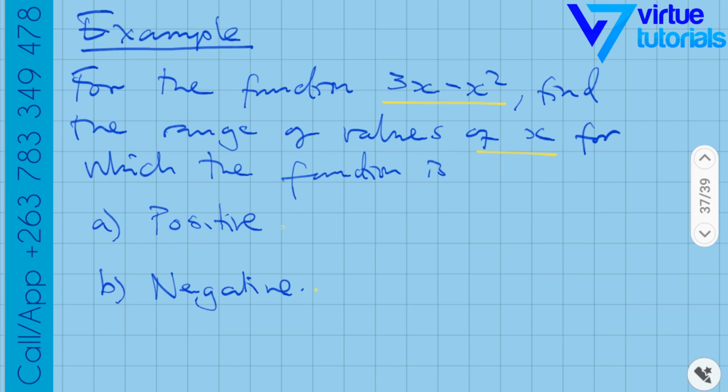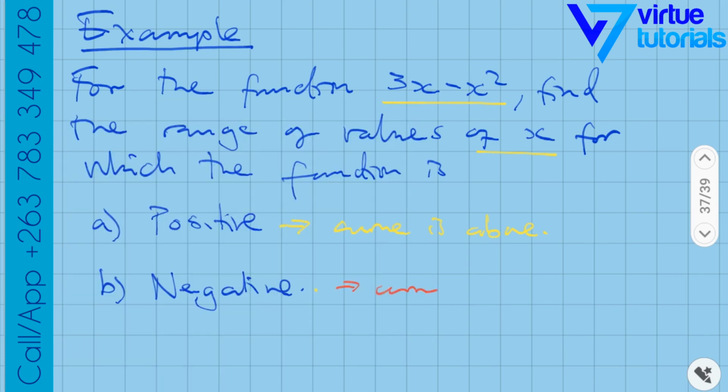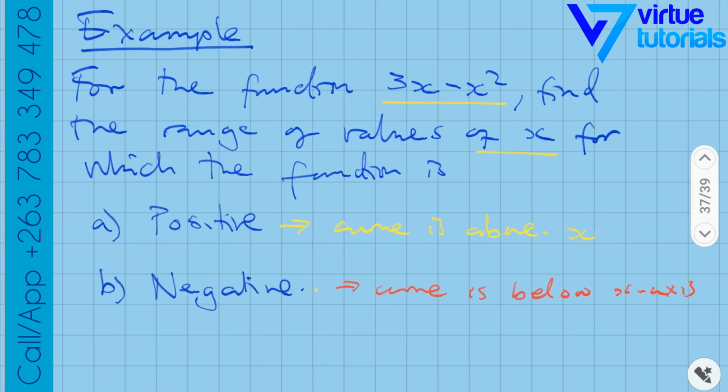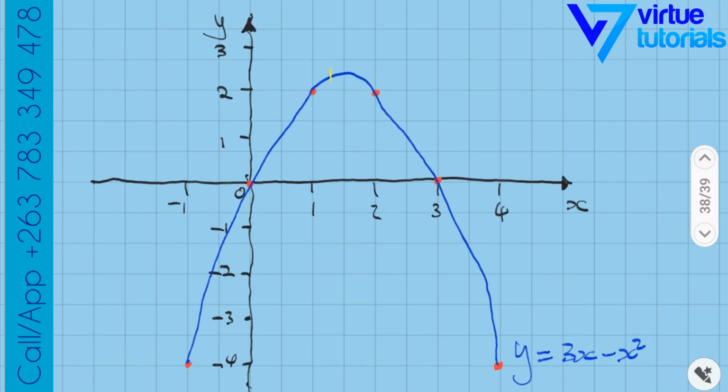So we agreed that for positive, we're going to check where the curve is above, and for negative, we're going to check where the curve is below the x-axis. That's all you're doing. So if this is the curve that's drawn, y is equal to 3x minus x squared.